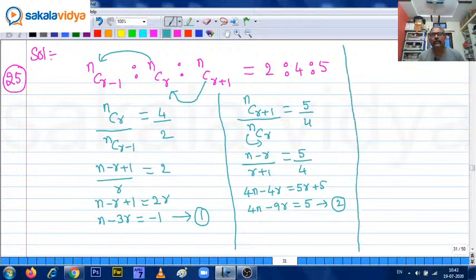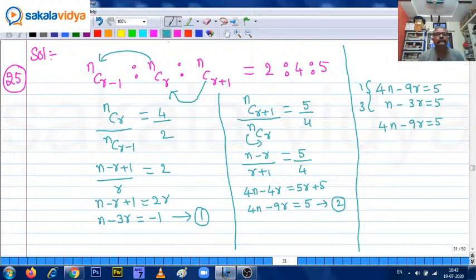Right? So now 4n minus 9r equals 5, and n minus 3r equals minus 1. Multiply the second by 3: 3n minus 9r equals minus 3.